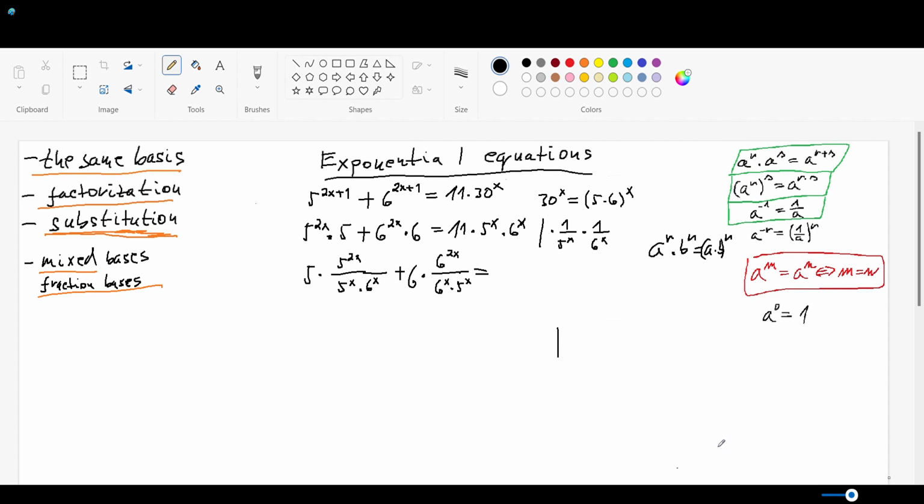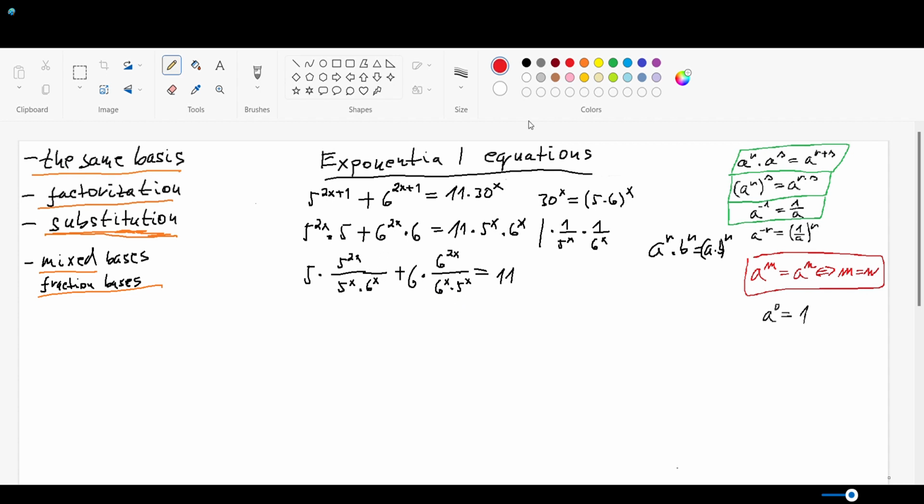Okay, this was a little explanation, and the right side is equal to 11, because if you multiply the right side of the equation by this fraction, then the numerator and denominator cancel each other.